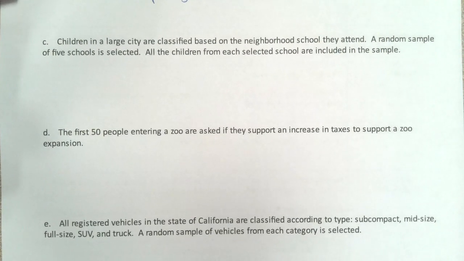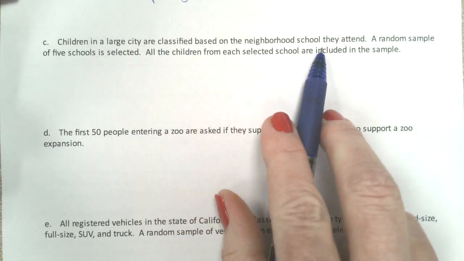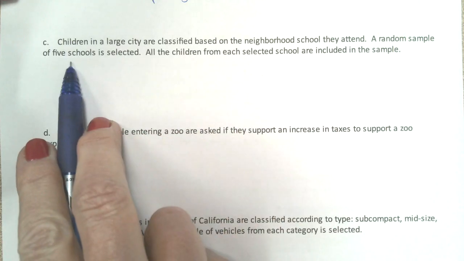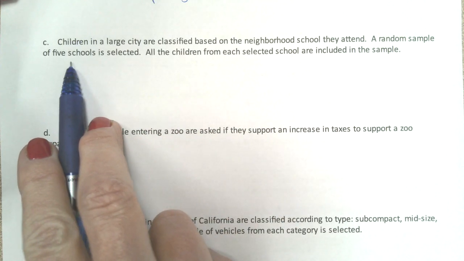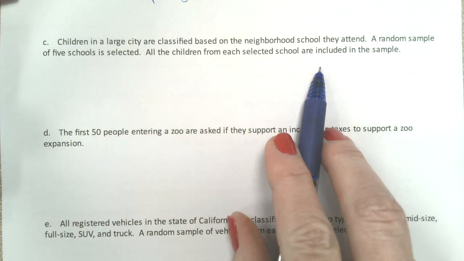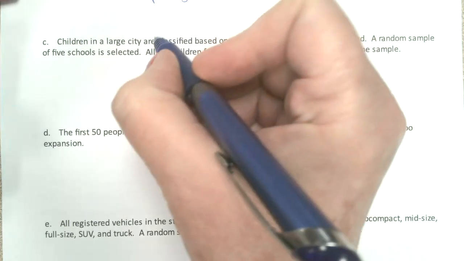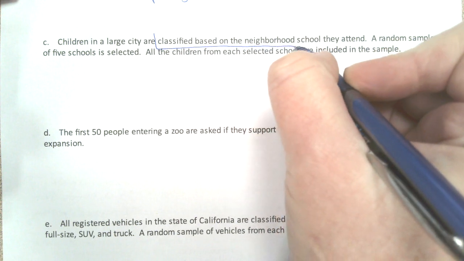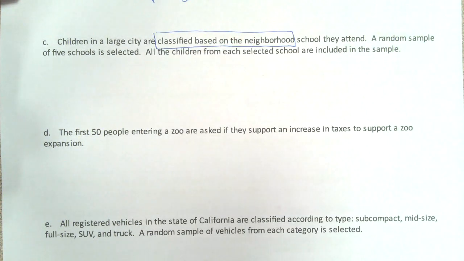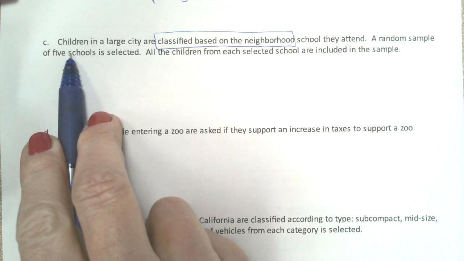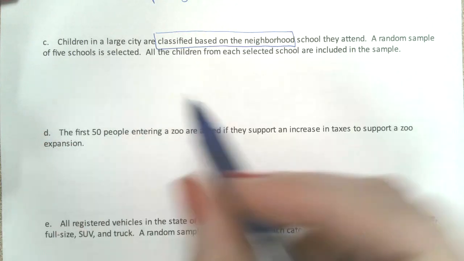All right, children are classified based on the neighborhood school they attend. A random sample of 5 schools is selected. All the children from each selected school are included in the sample. All right, so we're going to classify them by neighborhood. So we're going to divide them up. We're going to do a random sample of 5 schools.